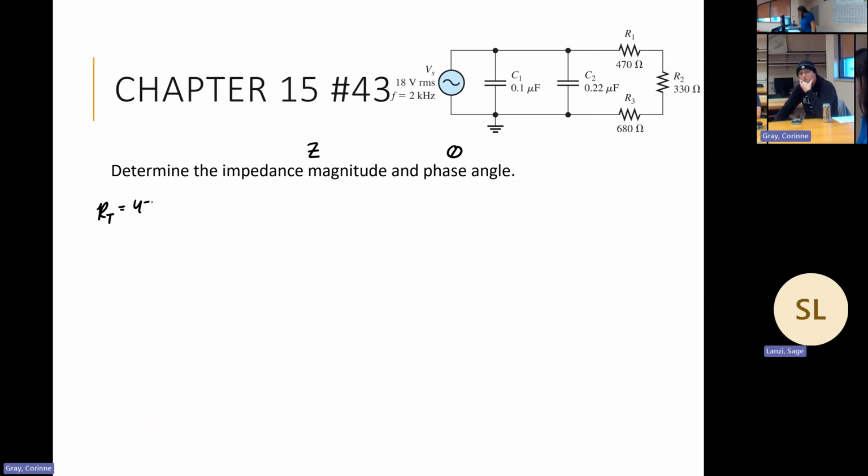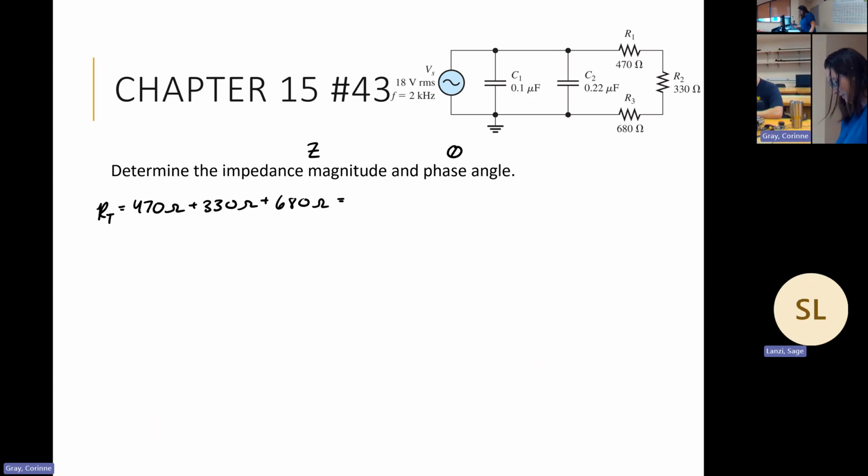So I'll have 470 plus 330 plus 680, right, 1,480 ohms. What are the capacitors? Parallel. They're in parallel.